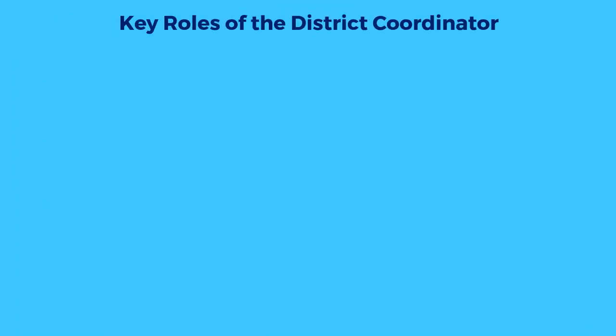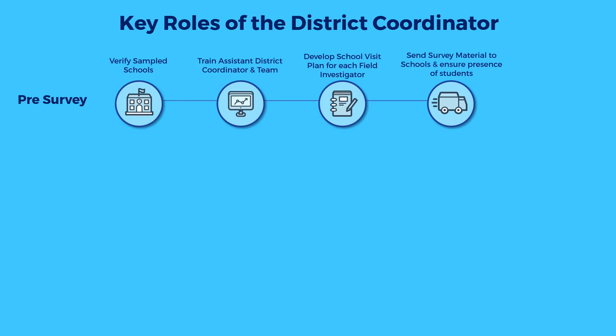Key roles of the District Coordinator are defined as per 3 stages of the survey. Before the survey, the District Coordinator will take the lead in preparations for NAS in the districts of the state. This will include verifying sampled schools, identification and training of Assistant District Coordinators and field investigators, dispatch of survey material to schools, etc. While the survey is ongoing, the District Coordinator will ensure that the survey is happening as per guidelines.